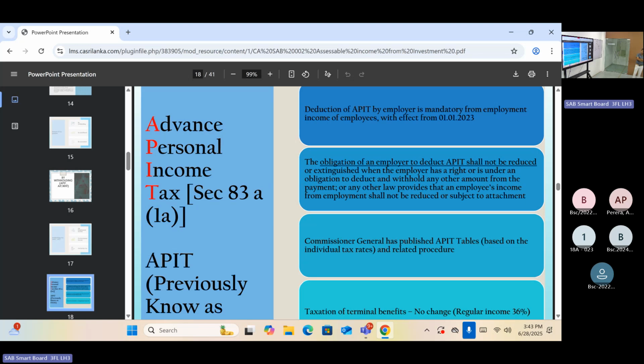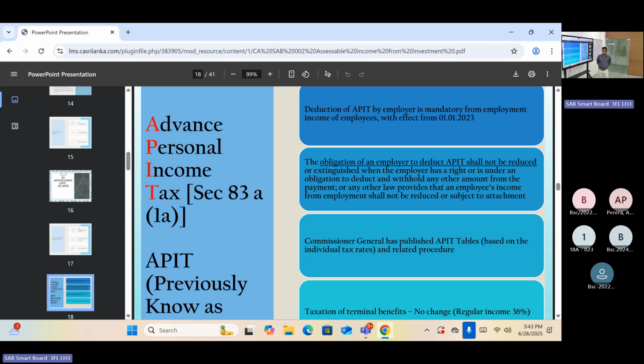Right? First, the employer has to deduct tax. Thereafter, any other thing can be done. Therefore, the employer's obligation cannot be reduced. Right? So the Commissioner General has published the APIT table based on the individual tax rate.